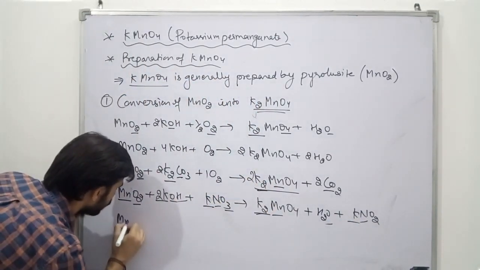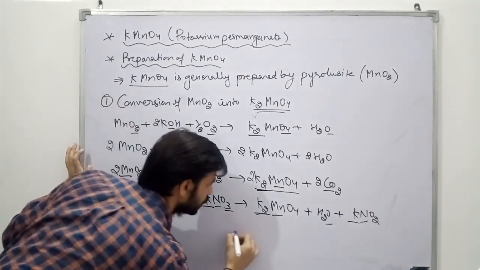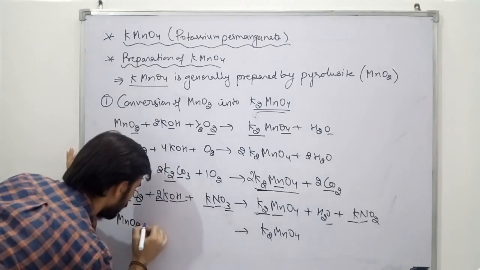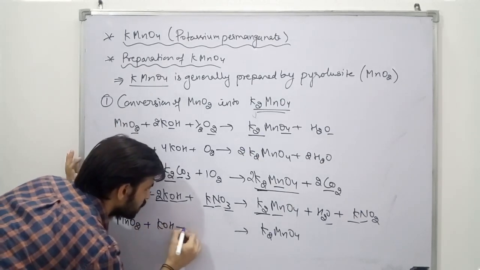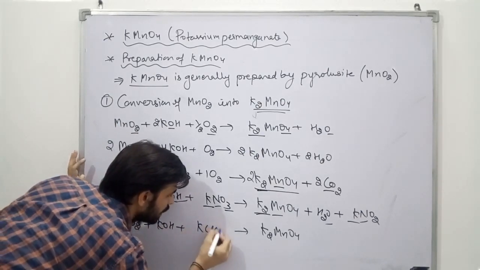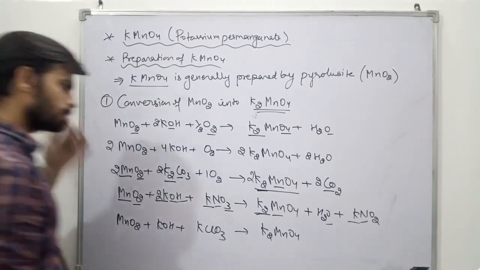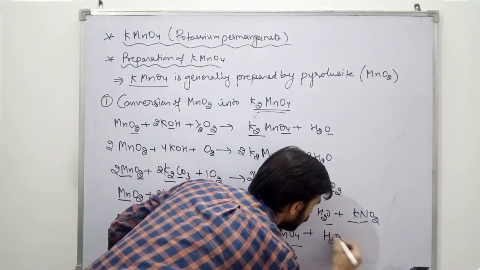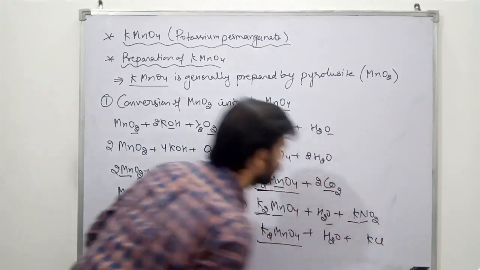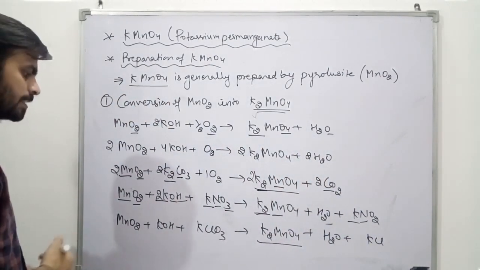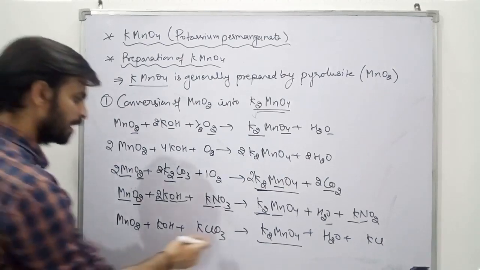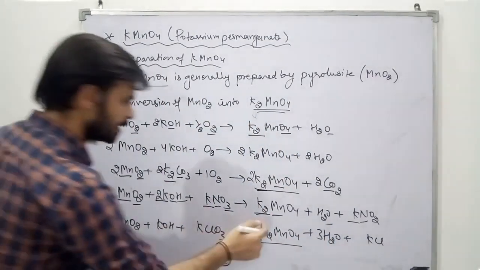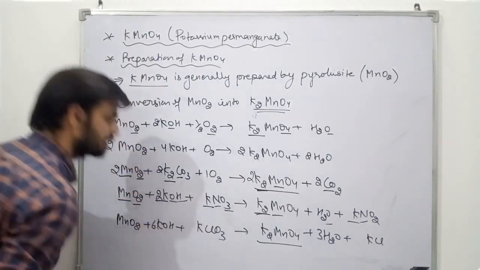We can also convert manganese oxide into potassium manganate with the help of potassium hydroxide and potassium chlorate. Along with potassium manganate, H2O and KCl are formed. Now balance this equation. We have 3 oxygen, so multiply by 3. Now we have 6 hydrogen, so multiply by 6.